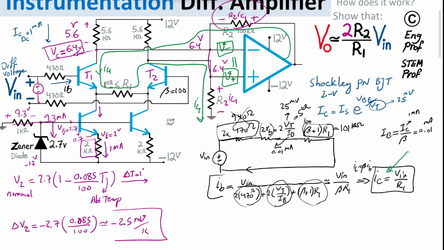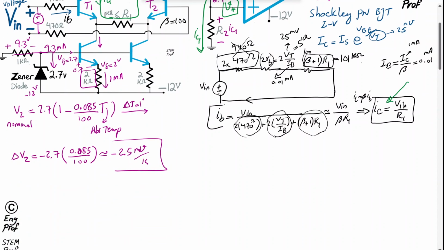And then, therefore, the output becomes 2 times R2 IC1. That's V out. So I can say V out is equal to 2 times R2 IC1, but then using equation 1, I can say V out is 2 times R2, substituting for IC1, V in divided by R1, we exactly get what we wanted.